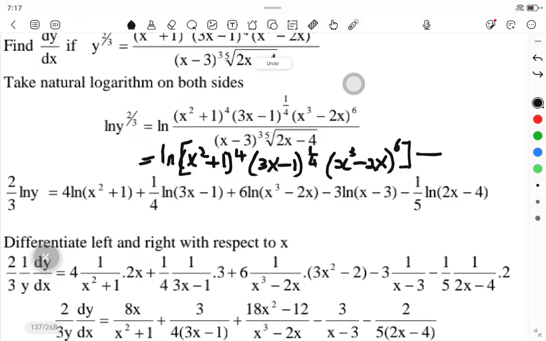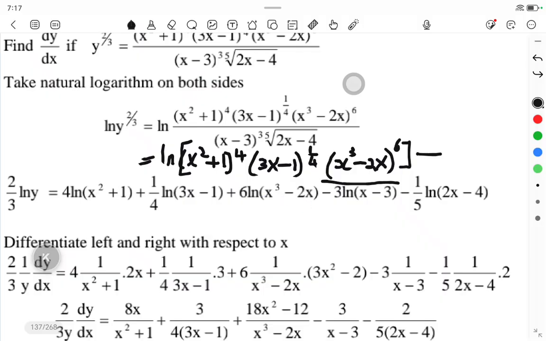And if we check, ln of this will be, if we apply the property of adding, we're going to say ln of this first function, which will be having exponent 4 before we drop it, plus ln of this, which will have the exponent 1 over 4 before we drop it. And again, we have ln of this, before we can drop the 6.